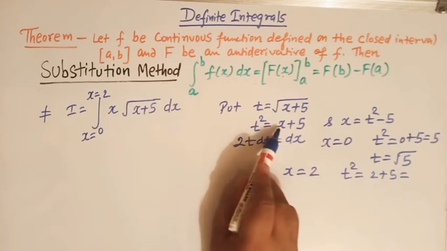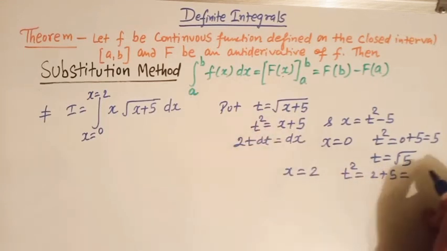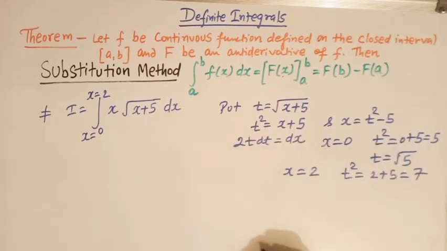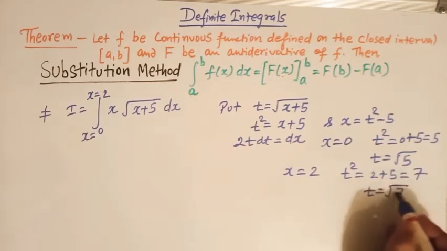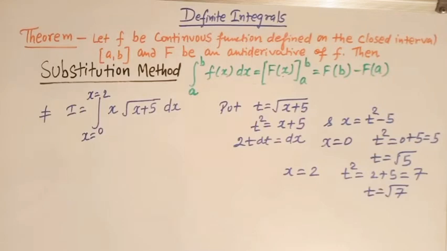Here we'll substitute x equal to 2, so we have 7, and we have t is equal to square root of 7, right?